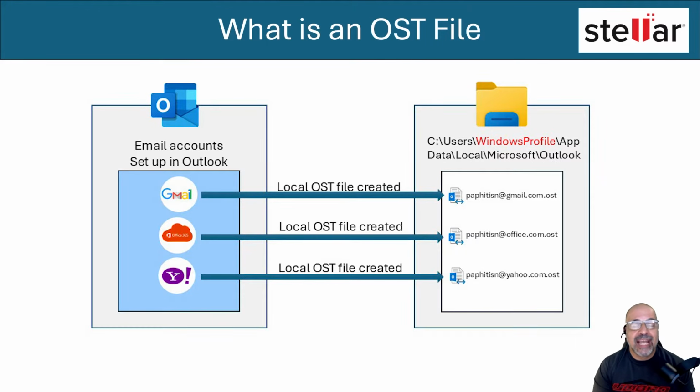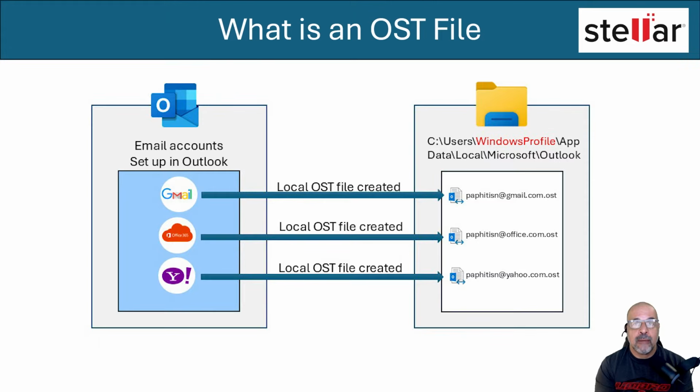Whenever we add a new email account to Microsoft Outlook, whether it's a Gmail account, a 365 account, a Yahoo, a Hotmail account, whatever account that is, you will first need to add things like your authentication credentials, things like your username, your password. It will generally find the server information automatically, but if not, like a POP3 account, you would add that information.